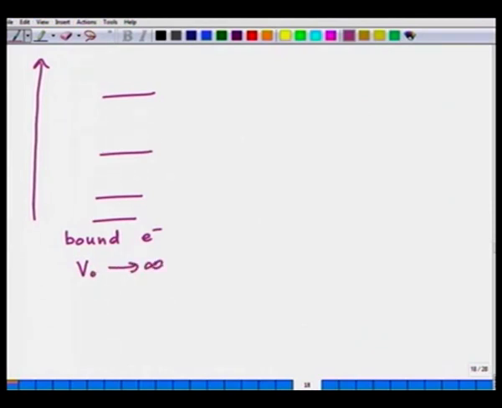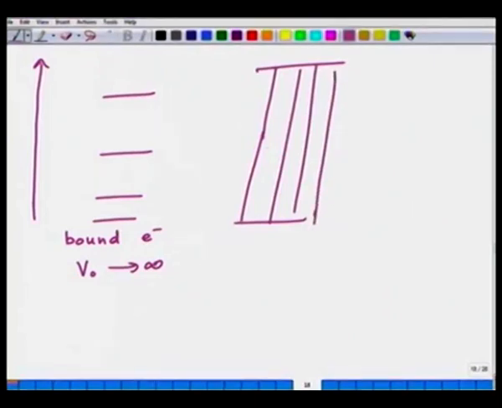That is what we had in this case. The second case was the free electron, which means all energies were allowed, when V0 was going to 0.